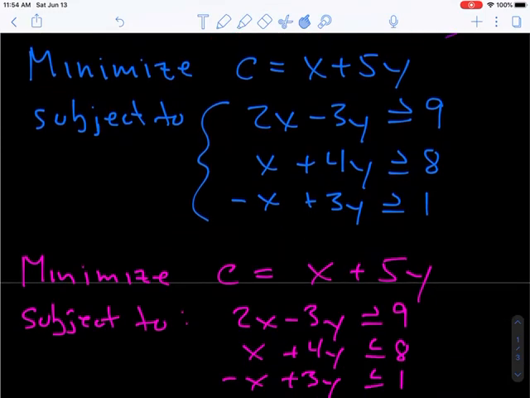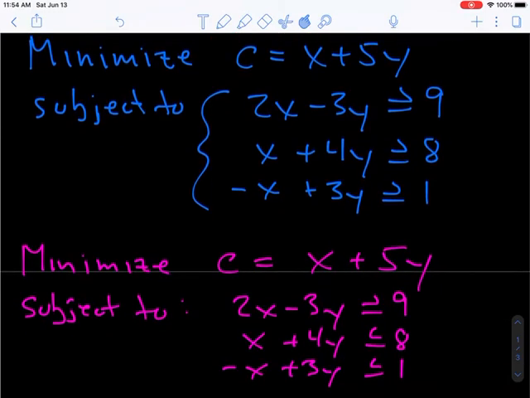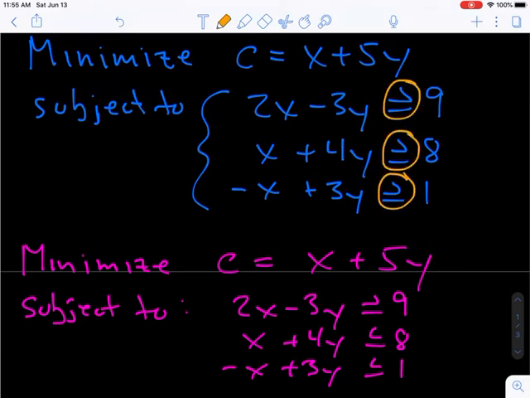Now, minimization. We have a couple of minimization problems here. The first one says minimize C equals x plus 5y subject to these three constraints. We notice that all of the constraints are greater than or equal to, and we also notice that we have all positive terms in the objective function.